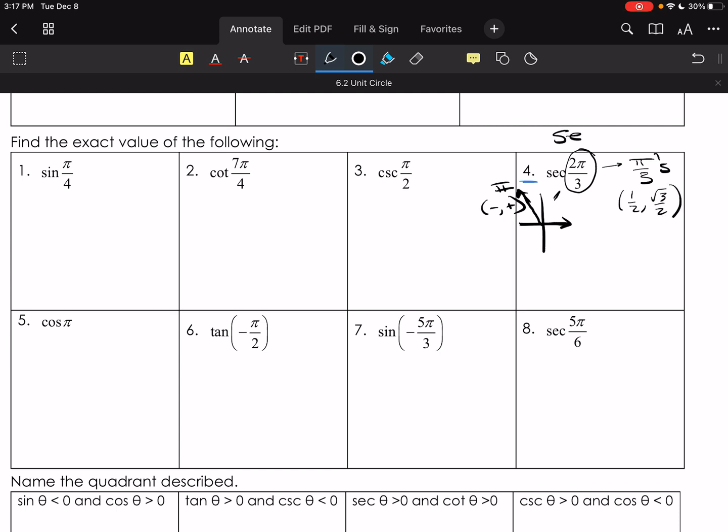Remember, secant of theta is 1 over x, or 1 over cosine, right? So I would have negative, because it's in quadrant 2, so 1 over negative 1/2. If you were to keep, change, flip, or realize you're dividing by a fraction, so it's multiplying by its reciprocal, I would get 1 times negative 2, which is negative 2.